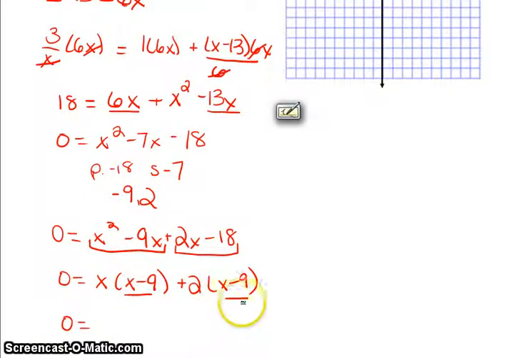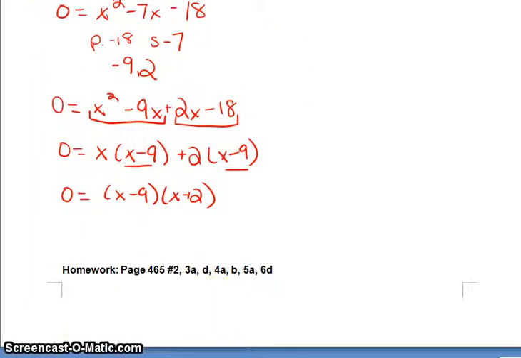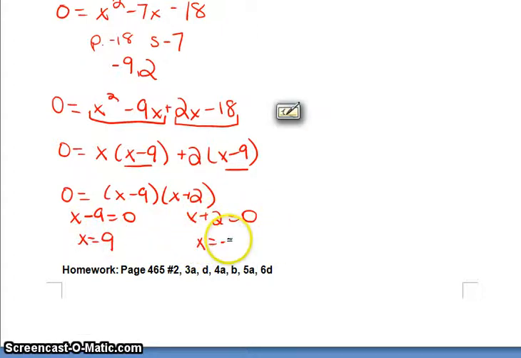Pulling out that x minus 9 term, we have x minus 9, and what we're left with is x plus 2. Okay. So setting each of those factors equal to 0, we have x minus 9 is equal to 0, and x plus 2 is equal to 0. From there, solve for x, so we have x is equal to 9, and x is equal to negative 2.